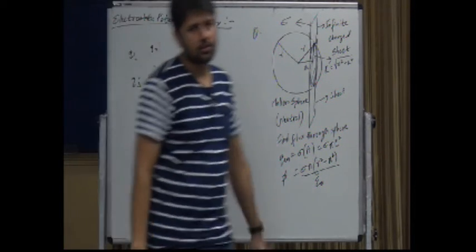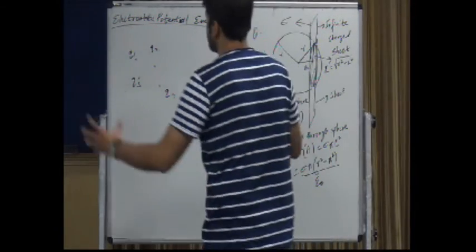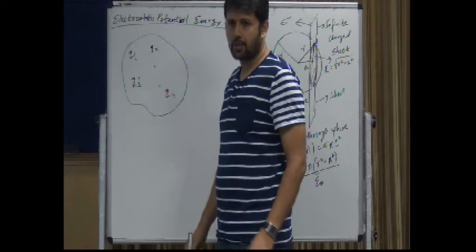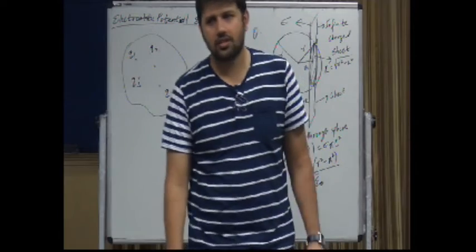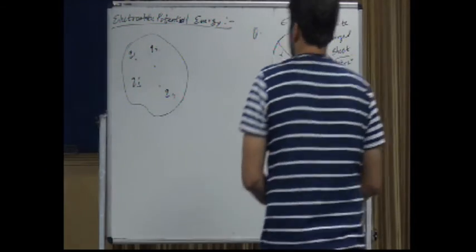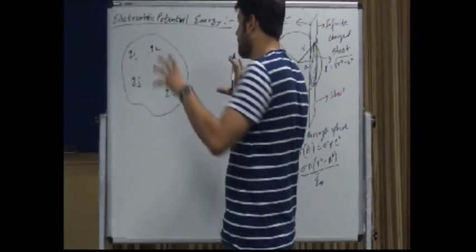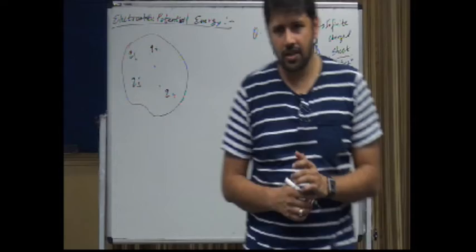Electrostatic potential energy is the amount of work done in assembling this system after bringing all the charges from infinity. You do remember this? The work done in bringing all these charges from infinity to these positions is called potential energy of the system.